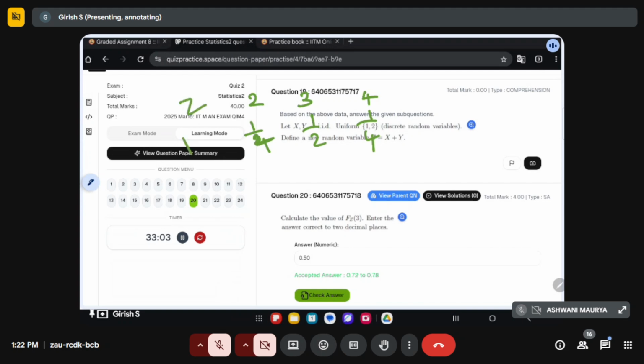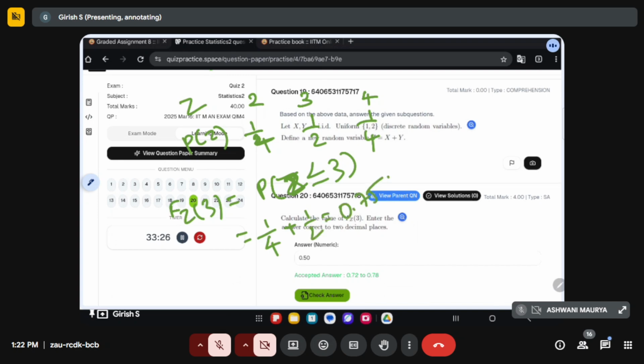Z can take these values, and this is the probability. Now they asked F_Z of 3, and F_Z of 3 is nothing but the probability that Z is at most 3, right? Oh, yes, I got it. So Z can take value 2, Z can take value 3. And that is it. 1 by 4 plus 1 by 2, which is 0.75.